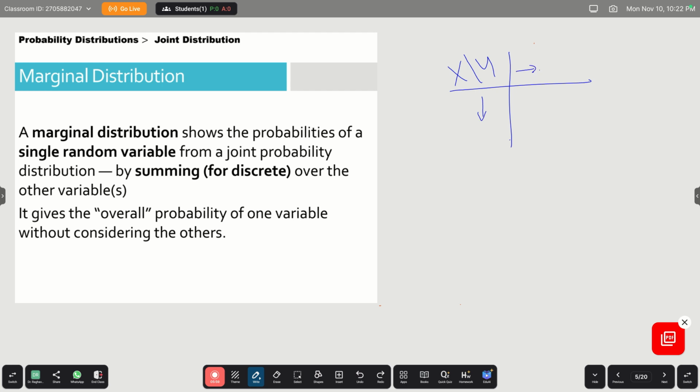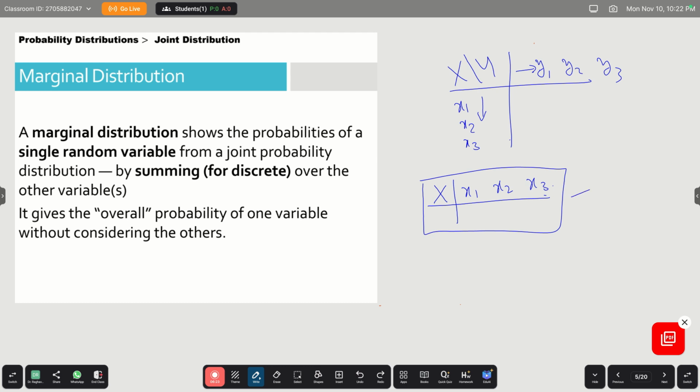If we want to consider a single variable from this, not considering the other variable, we are interested in the probability that x takes the value x1, x2 and x3, not depending on y values. If we are interested in only the variable x, this is called the marginal distribution of x.